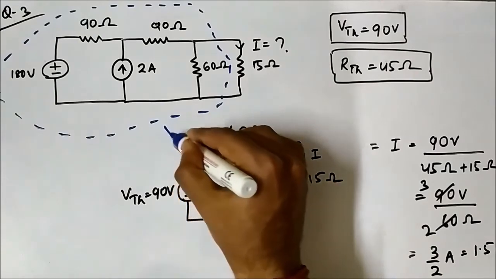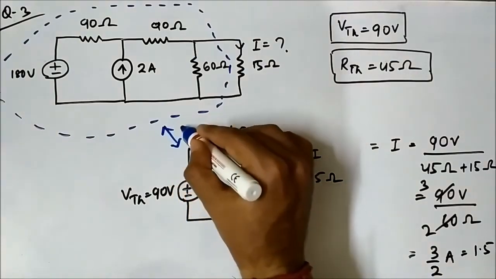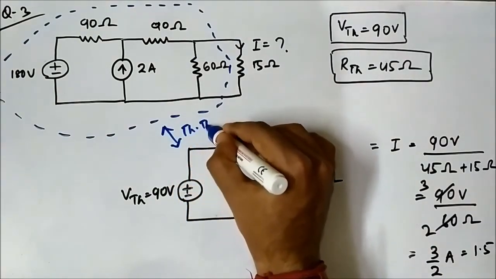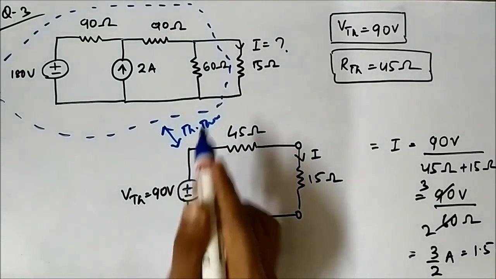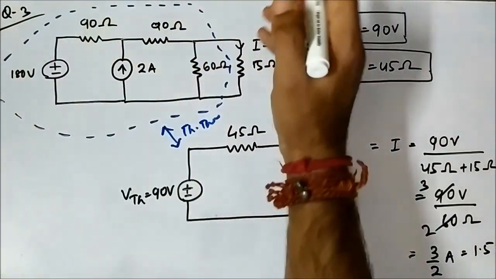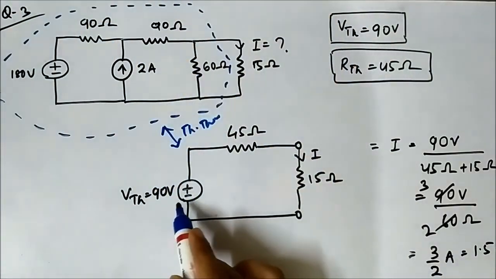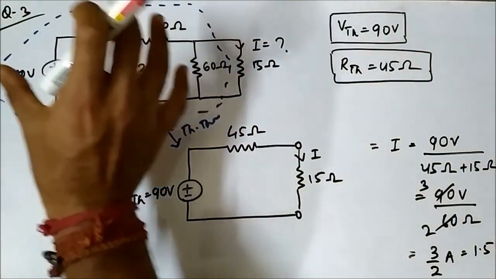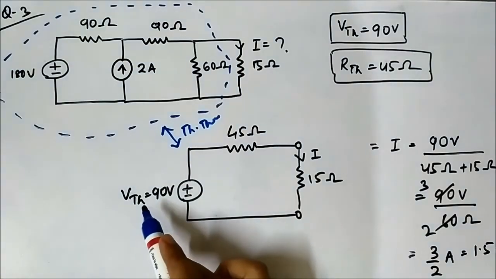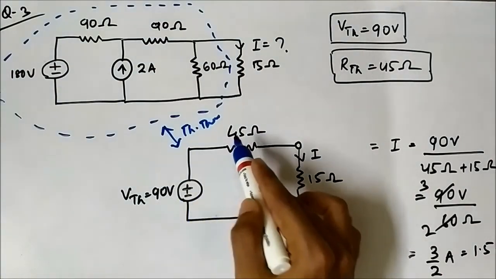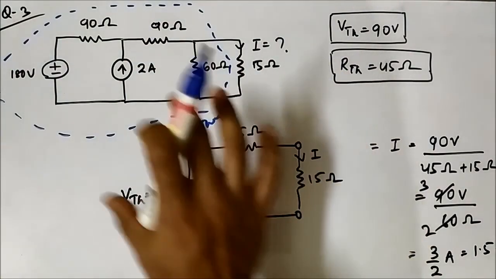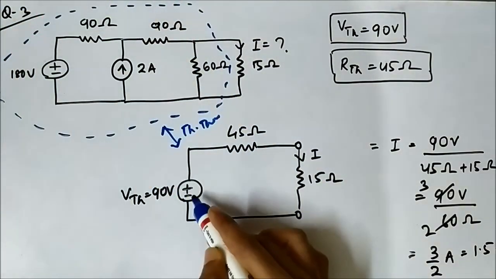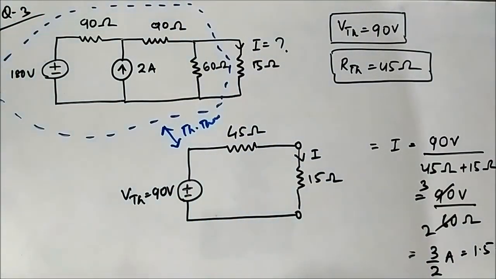That is the objective of Thevenin theorem, to represent this portion of the network across the 15 ohm resistor in a simple way. All of this within the blue dotted region is same as 90 volt being connected in series with 45 ohm. See, all of this is reduced to one voltage source in series with a resistance.